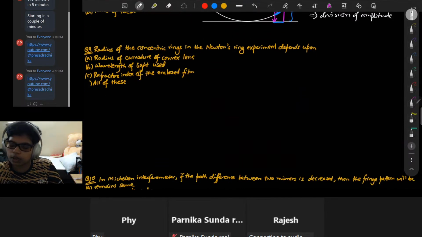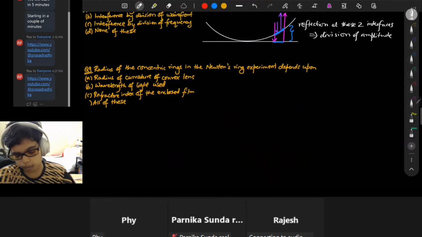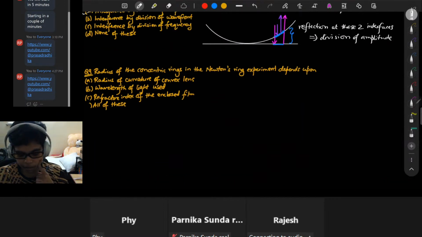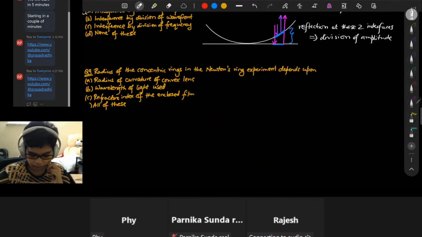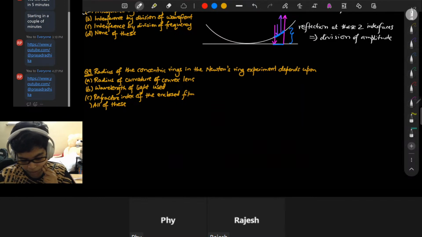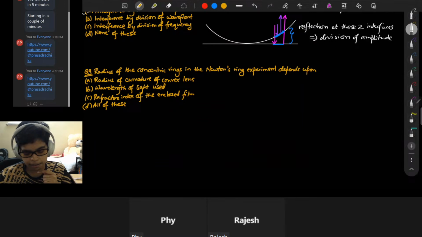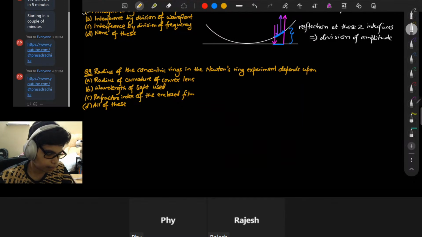This next question is on the details of Newton's ring experiments, and we will discuss the expressions involved in understanding the Newton's ring experiment. So the question is, radius of the concentric rings in the Newton's ring experiment depends upon A, radius of curvature of convex lens, B, wavelength of light used, C, refractive index of the enclosed film, or D, all of these.